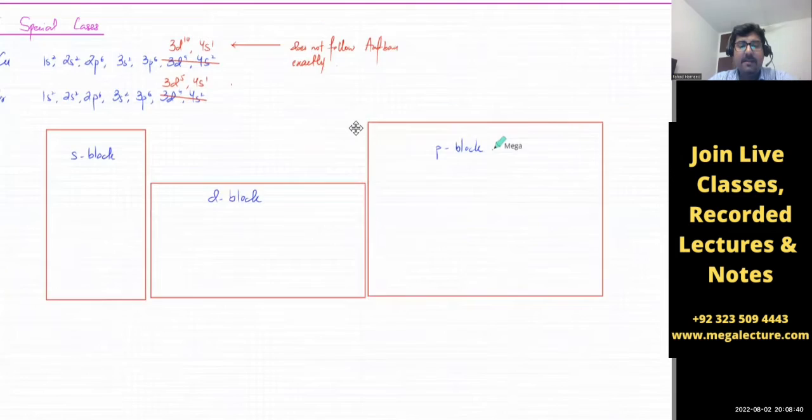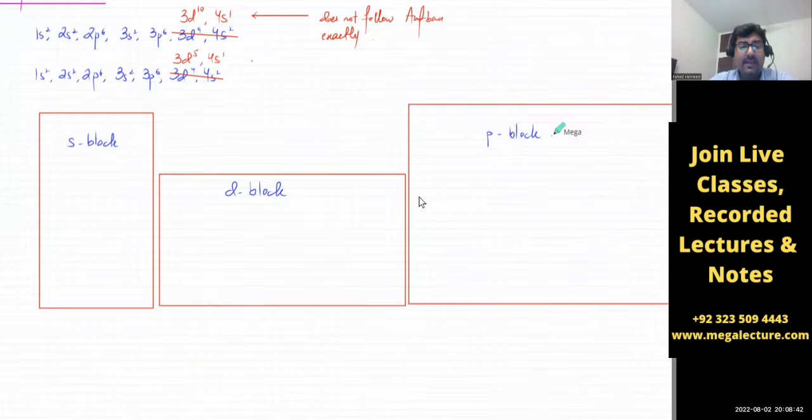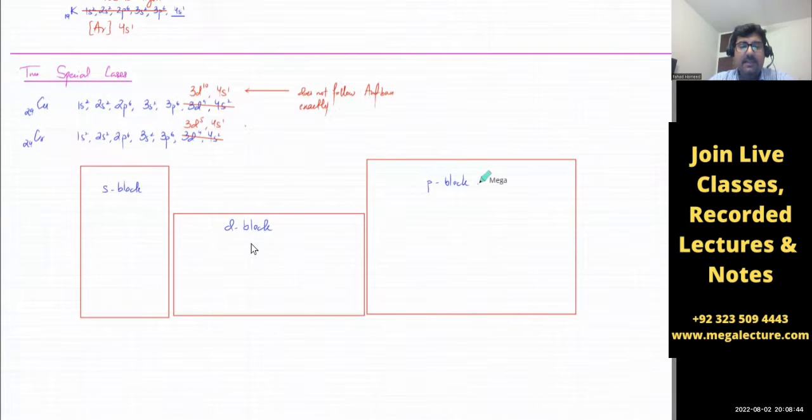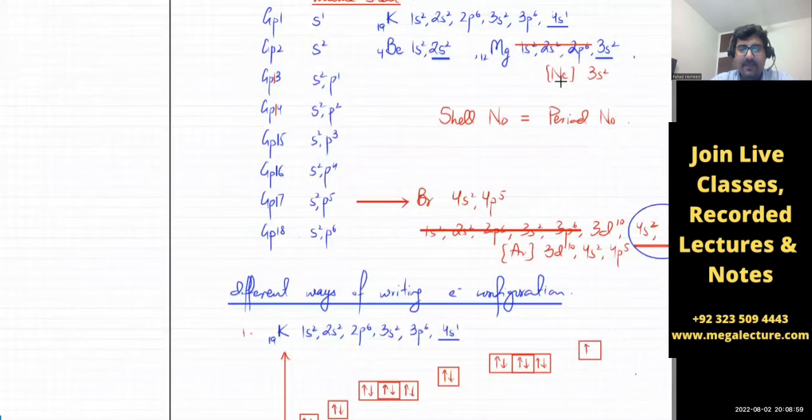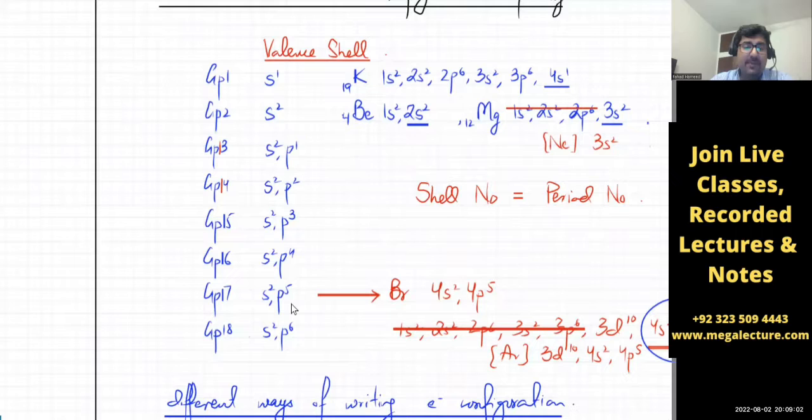The reason you call them p block, d block and s block elements is that the last electron goes into an s in this one, into a d in this one, and into a p in this one. We did this already: group 7 will always end up with p5, group 6 will always end up with p4.